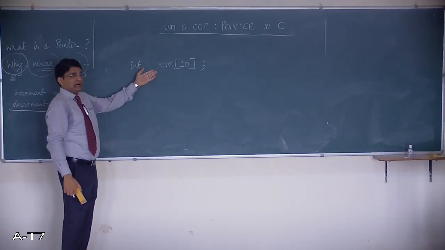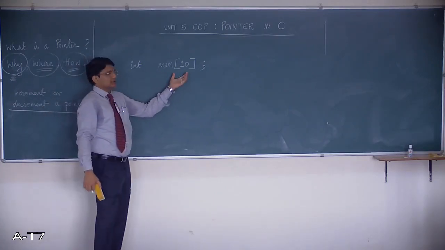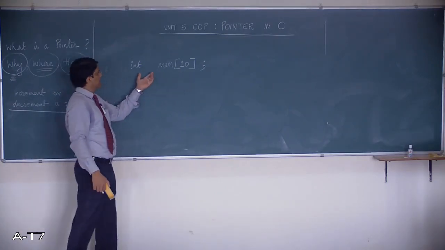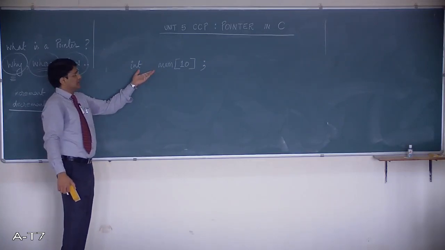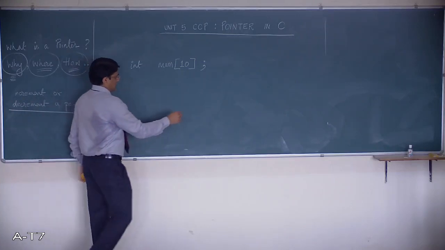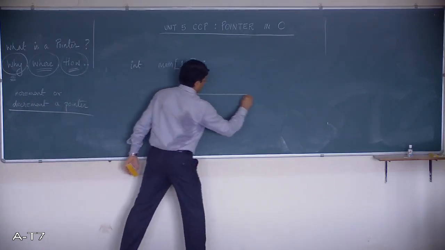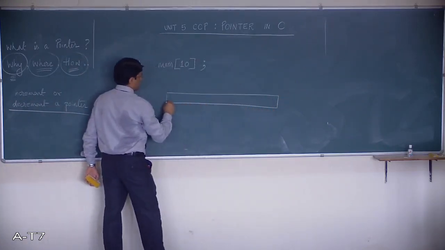What is this? Remember, this is an array declaration. Num is the name of the array. The size of the array is 10. We can store 10 integer numbers in this array. How does it look in the memory?